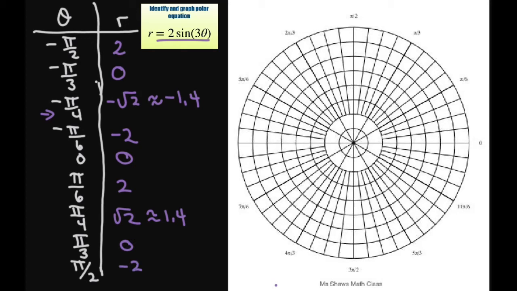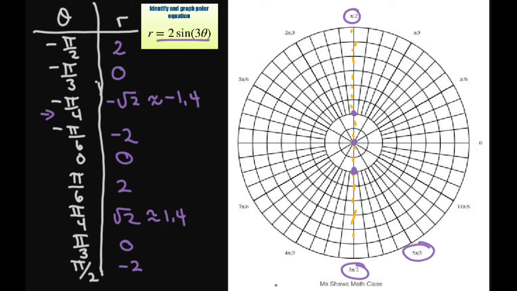At negative pi divided by 2, we're going to get 2. So you'll want to remember this is symmetric to this line here. So I'll just kind of draw this dashed line. All right, so let me make this point dark. At pi over 2, it is 2. So I'll put that there. Now at negative pi divided by 3, we're at 0. So I'll put a 0 here.